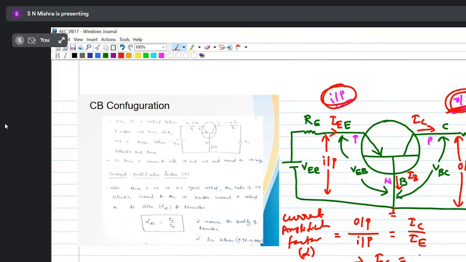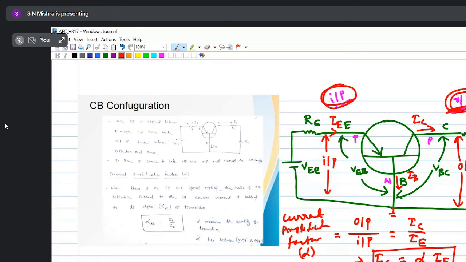IC equals alpha IE. Yes or no? Yes, sir. So this is the alpha that I explained at the start of the class.